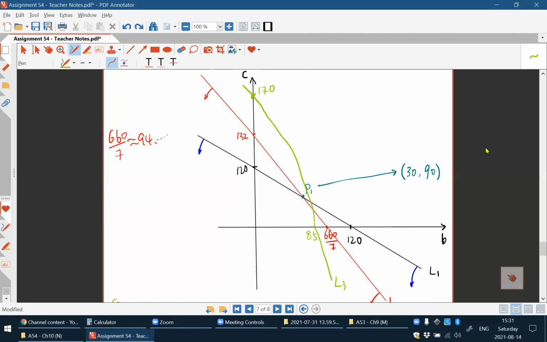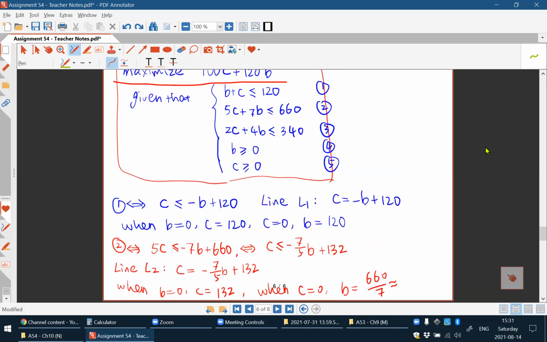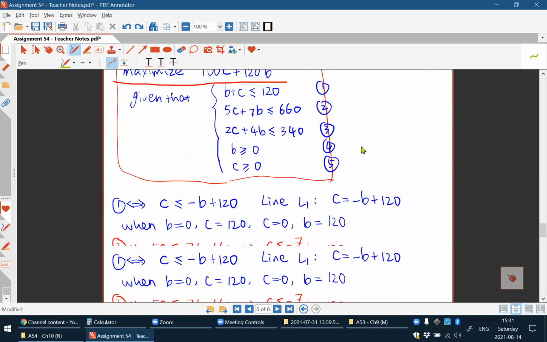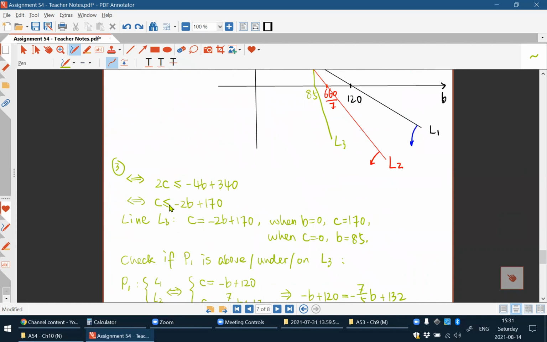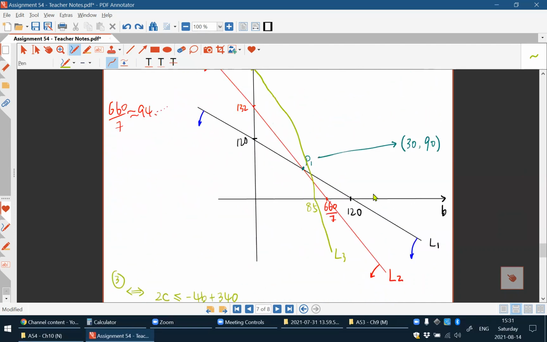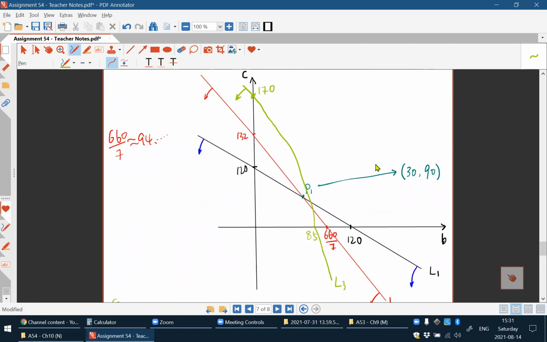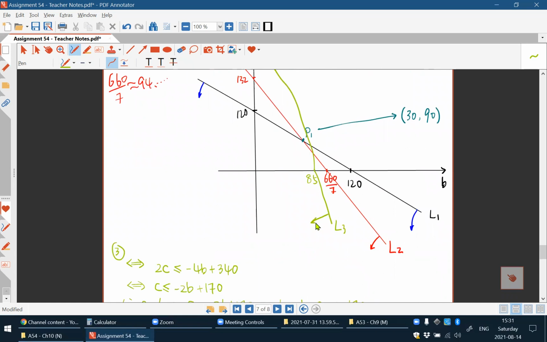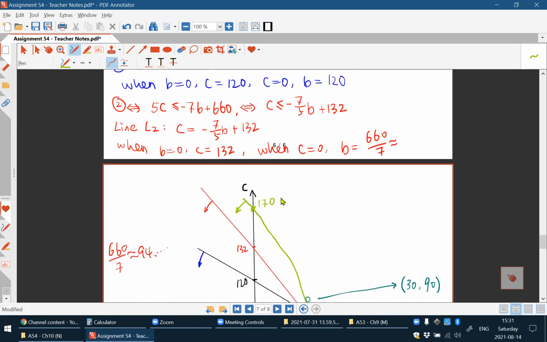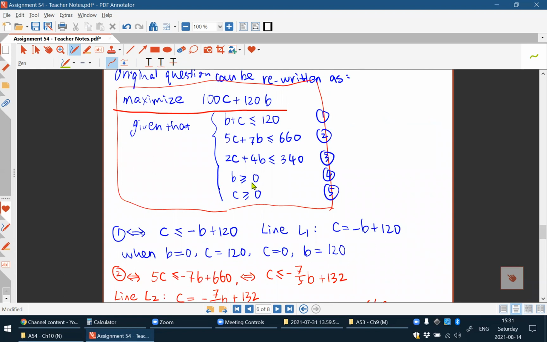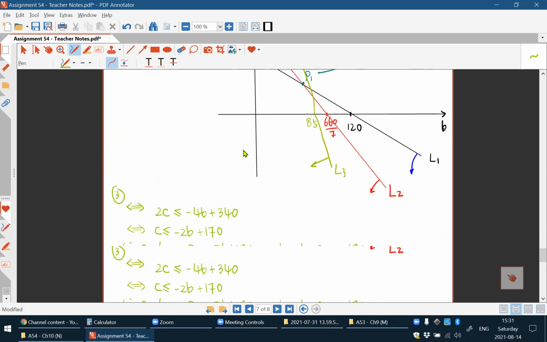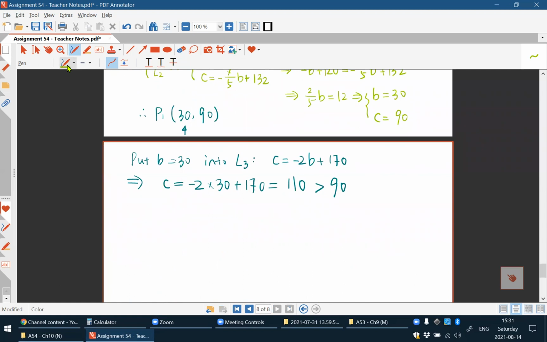All right. Okay, according to the third inequality, C should be less than or equal to. That means the region is also under this line, right? This is our third region. It should be also under this line, okay? So for the fourth and the fifth inequalities, these are the simple ones, right? Okay, fourth, line L4.